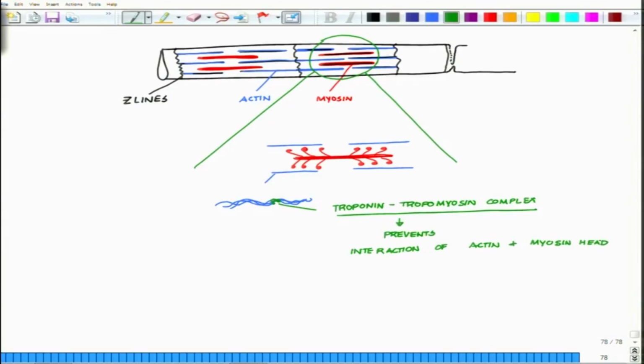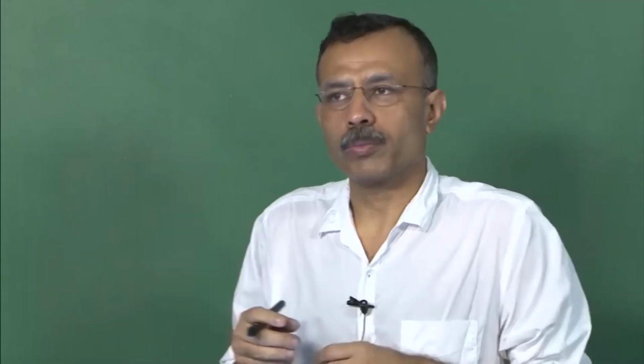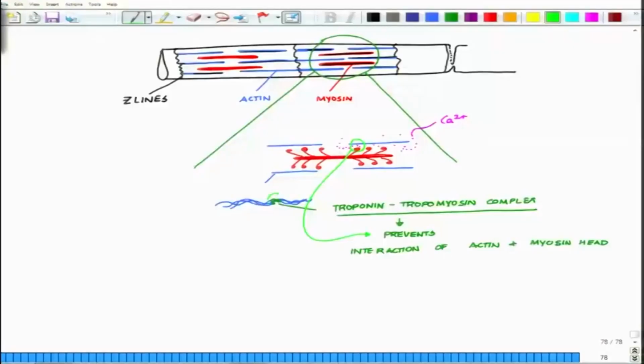Now, when all of a sudden there is an increase of one of the cations, which is calcium, Ca2+, this blockage between the myosin head and the actin, because of the troponin and tropomyosin complex, gets disintegrated transiently.